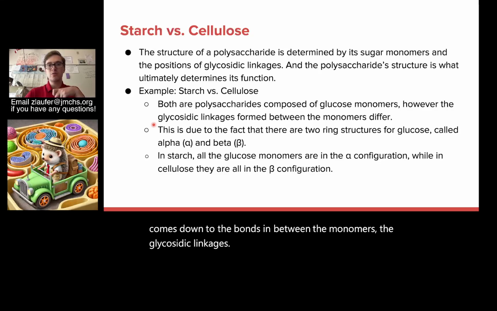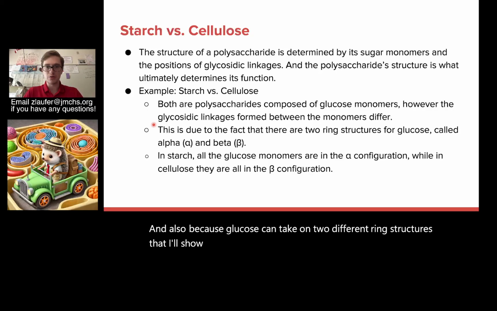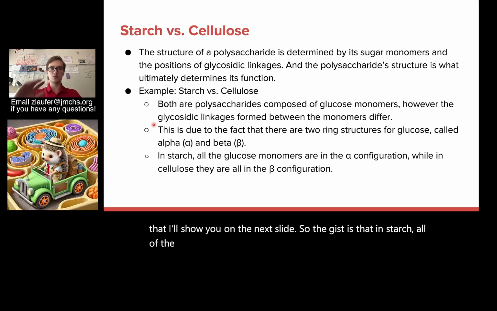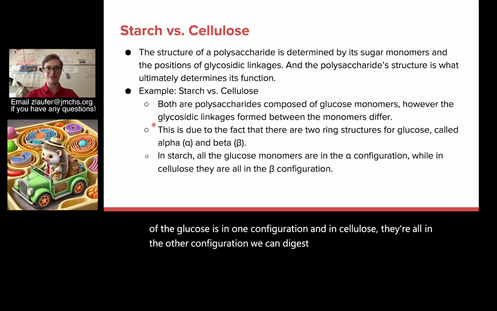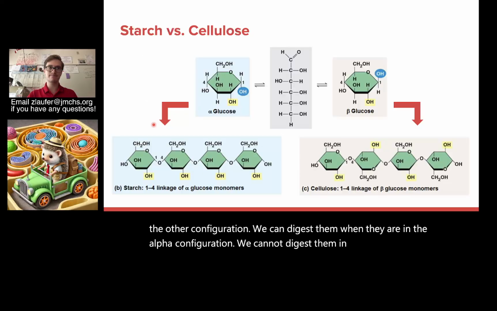And also because glucose can take on two different ring structures that I'll show you on the next slide. So the gist is that in starch, all of the glucose is in one configuration, and in cellulose, they're all in the other configuration. We can digest them when they are in the alpha configuration. We cannot digest them in the beta configuration.